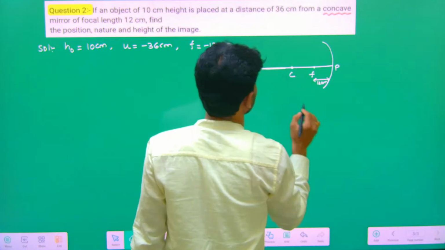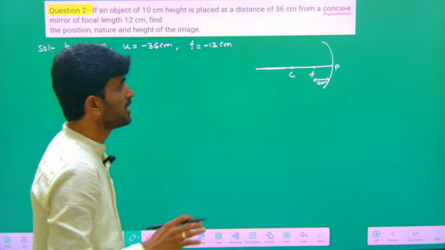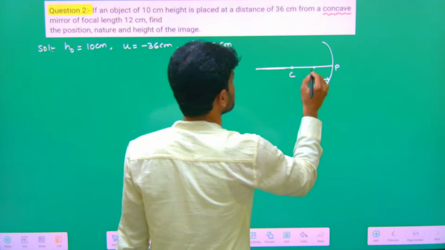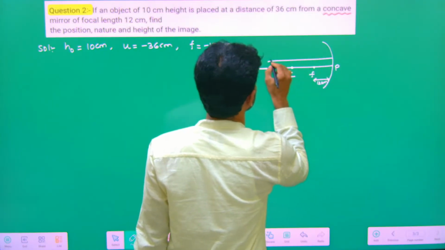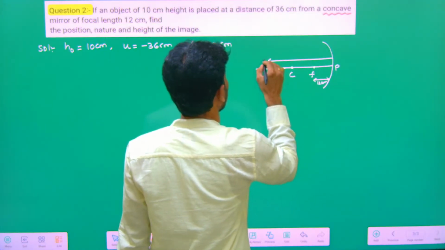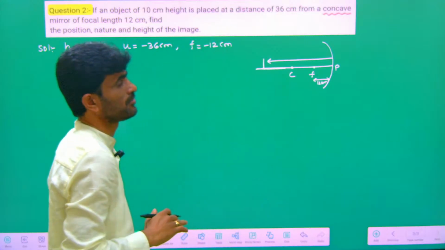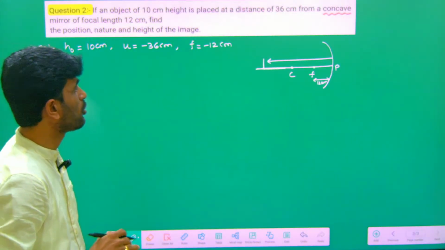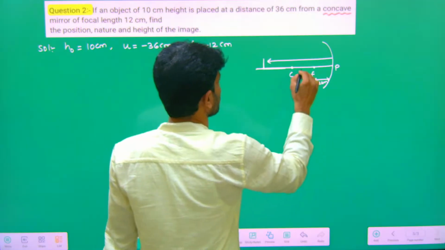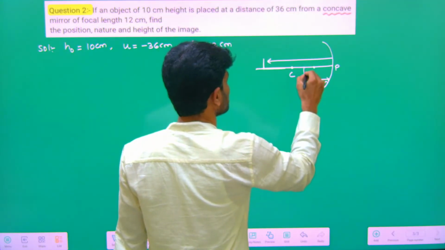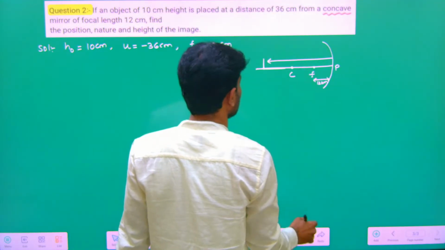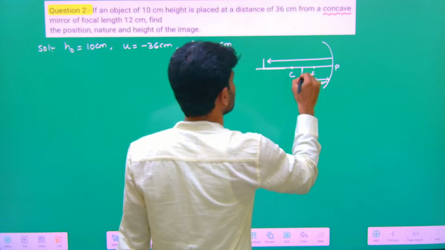Three times the focal length. If it were exactly two times, you would get the center of curvature. Now three times means the object is here, beyond C. By this, you should understand the object is beyond C. Your image should form between C and F and is real, inverted and diminished. Like this you have to get.